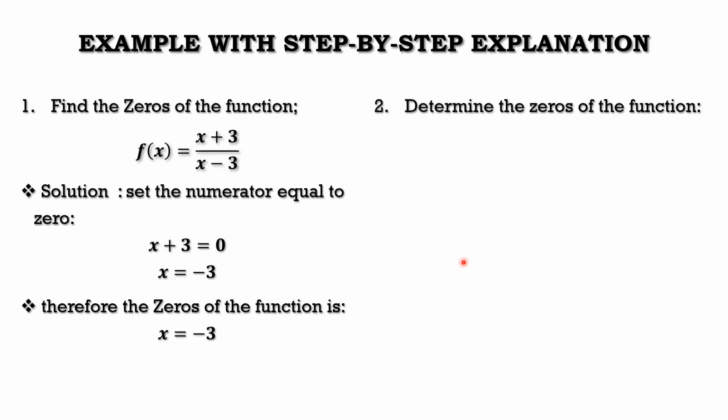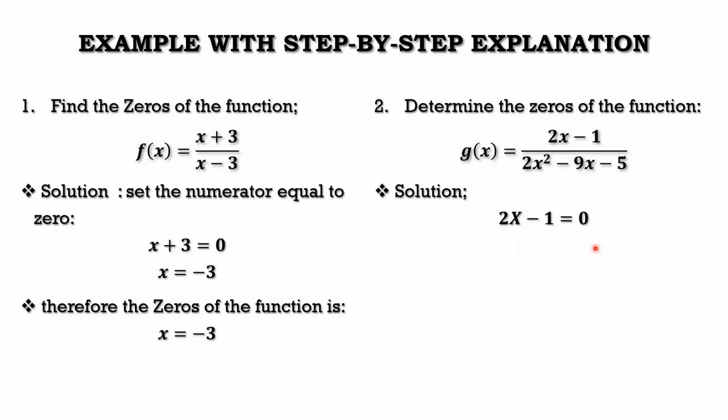Now let's move to example 2 by determining the zeros of the function g of x equal to 2x minus 1 divided by 2x squared minus 9x minus 5. For this particular function, the numerator is 2x minus 1. So if I want to find the zeros, as we've learned so far, we just have to equate the numerator to 0.